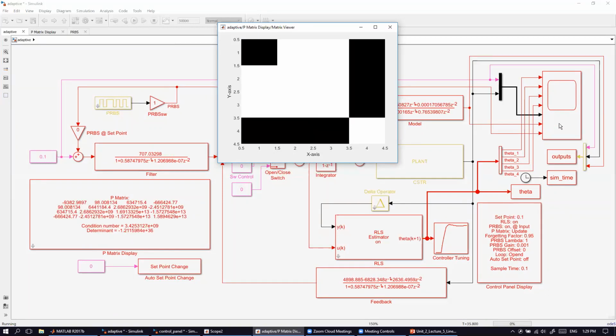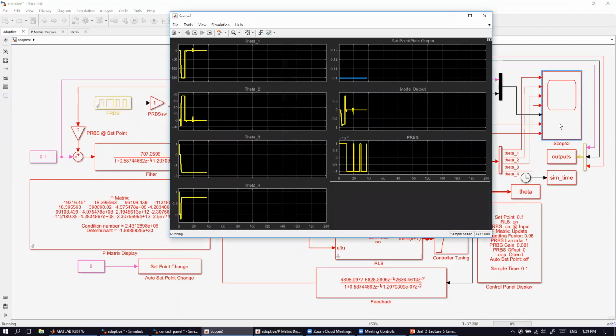Now let's take a look at our scope. On this side, these are the parameters that we identify: theta 1, theta 2, theta 3, theta 4. So there are four parameters that need to be identified, estimated.